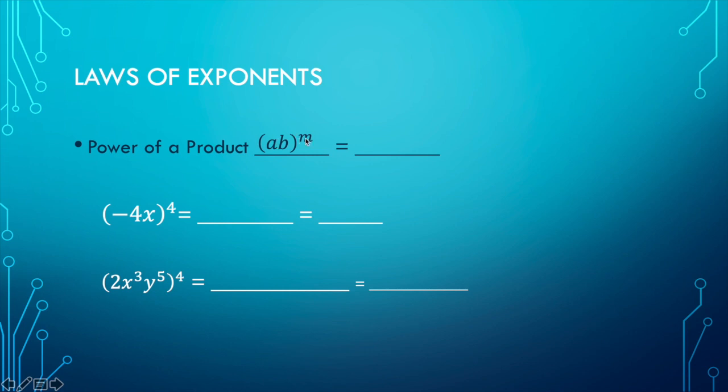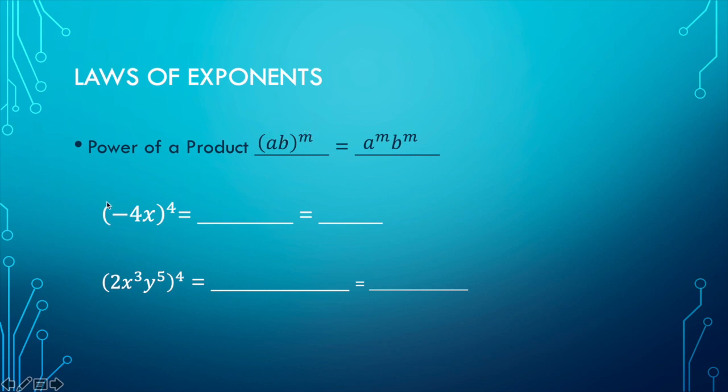What that means is I can apply this exponent to both factors, or if there's more than 2 factors, to all factors. So in other words, this is the same as a raised to the m times b raised to the m. Okay, so remember that this power will have to apply to everything that's being multiplied together.